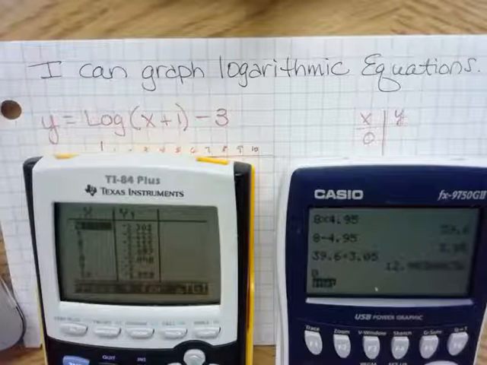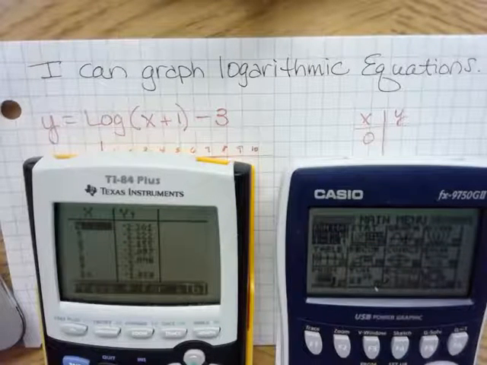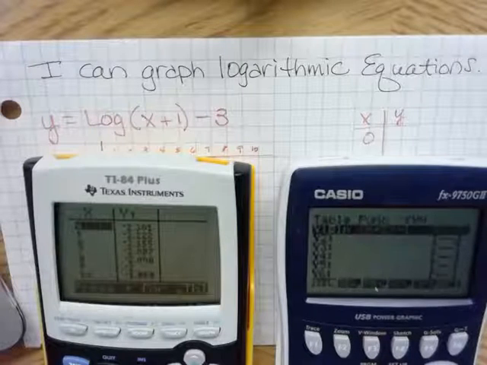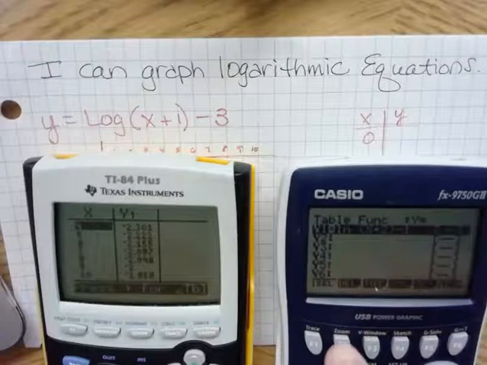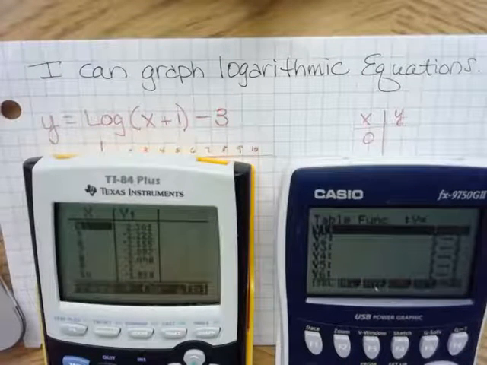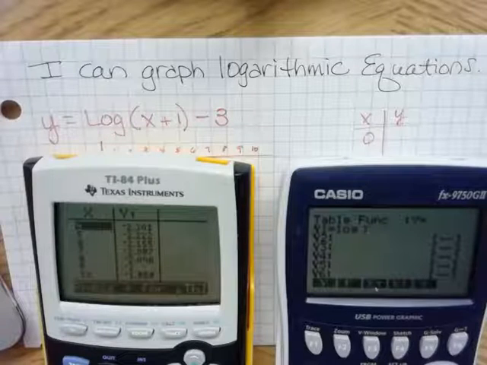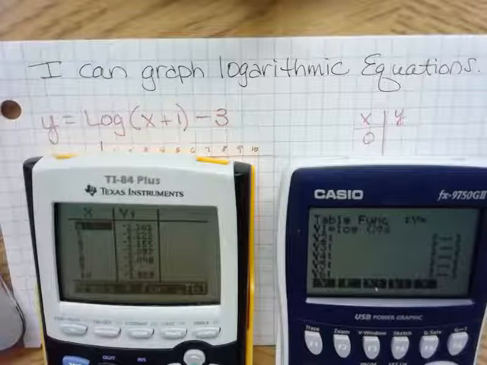On the Casio, I need to go to the main menu. I'm going to go here where it says table. So execute. I need to clear this particular function out and put in the one I want, which is log. Parentheses are required here. X plus 1.